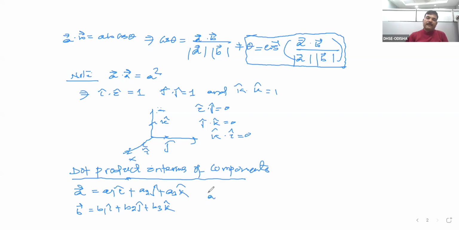Then A dot B is equal to A1 B1 plus A2 B2 plus A3 B3.